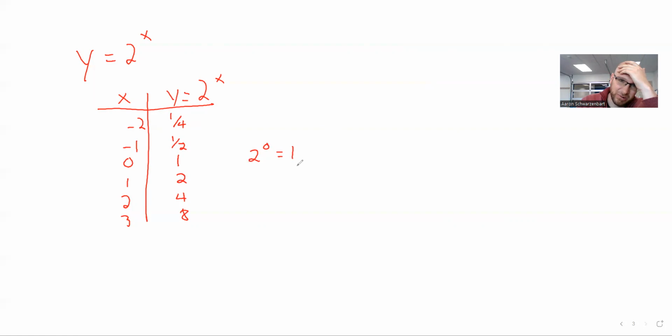Anything to the 0 power equals 1. 2 to the negative 1 equals 1 over 2 to the 1st, 1 over 2. 2 to the negative 2 equals 1 over 2 squared. So I did the reciprocal.